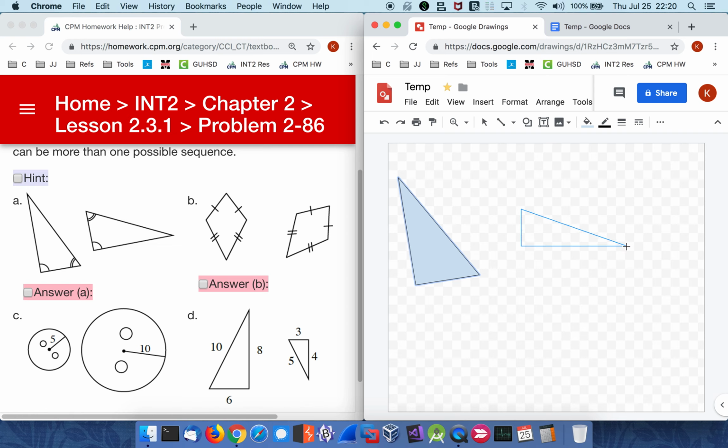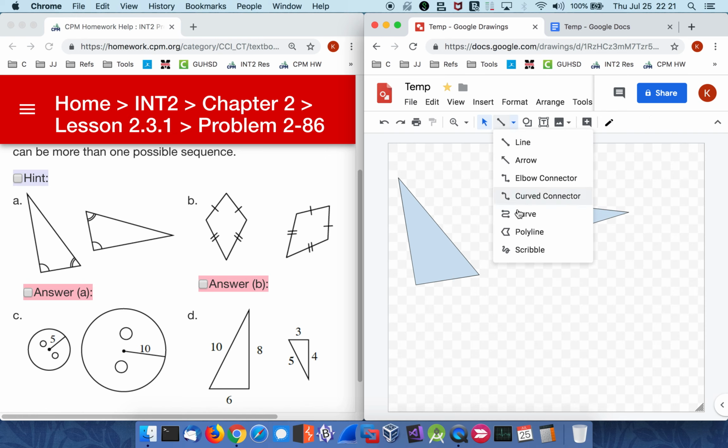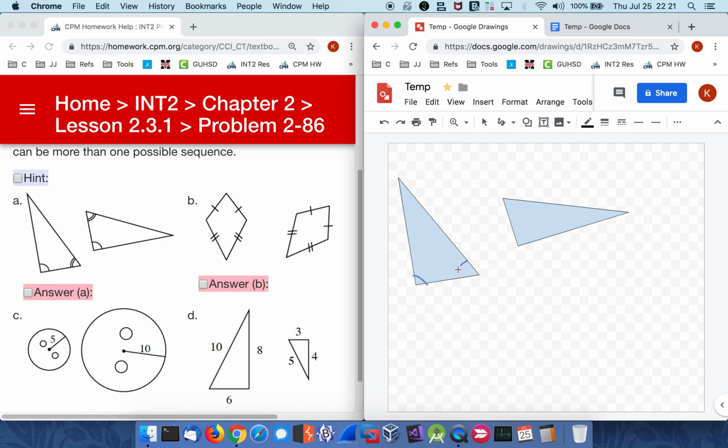Looks like maybe that, and maybe like that. Okay, cool. Now it looks like they've got this one marked with 2, so I'm going to mark this one with 2, and then this one with 1. And so the goal is to see, how would I manipulate this one to get this one?